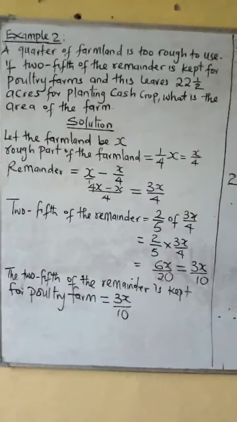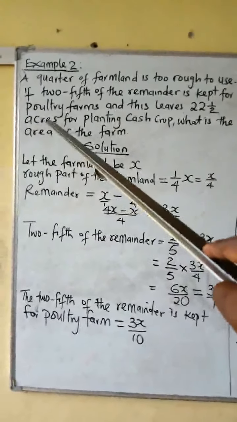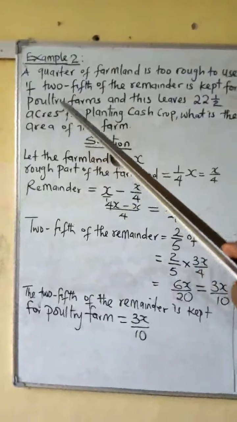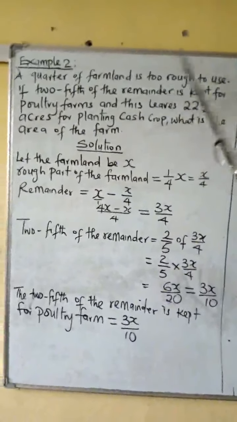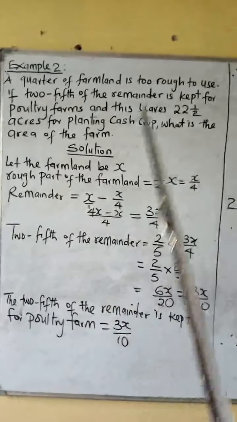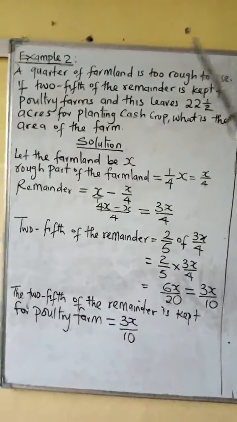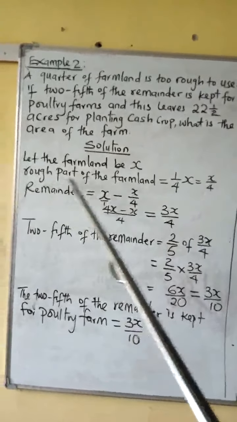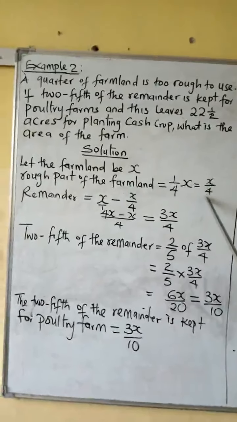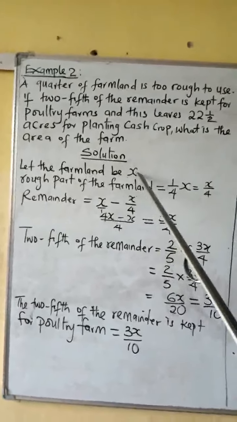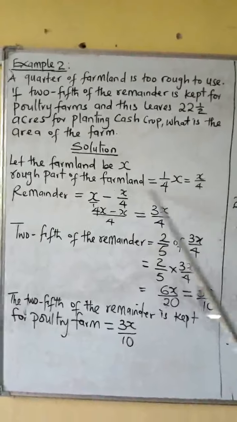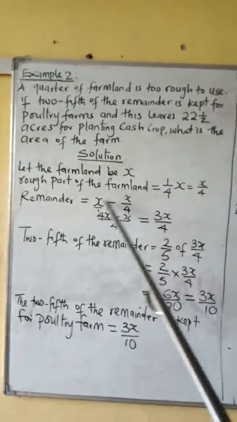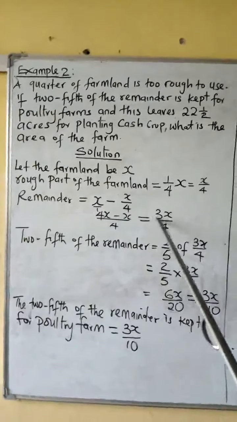That portion that is good is what we use for the poultry farm. So the remainder is: remove the portion that is rough from the farmland. The rough part is X/4 and the land is X. So remove X/4 from X. When you simplify, it will give you 3X/4.